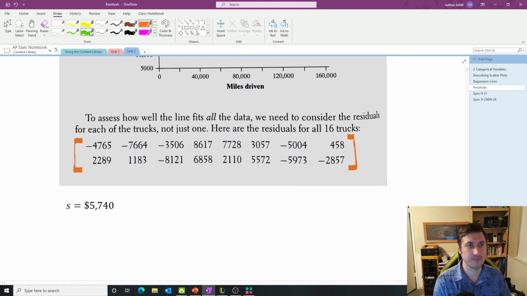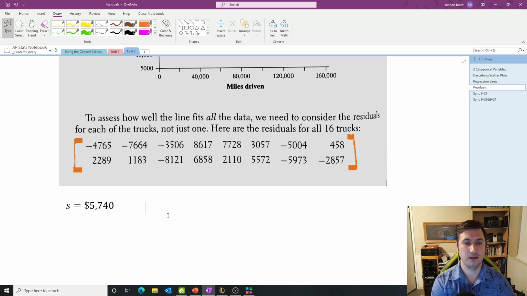So here it is. We have to interpret that standard deviation. What is it? Well, it's the typical distance away from the... but there's no mean this time, is there? So it's not away from the mean, it's away from the regression equation. The typical distance away from the regression equation. So let's interpret this 5,740, which is the standard deviation of this data set.